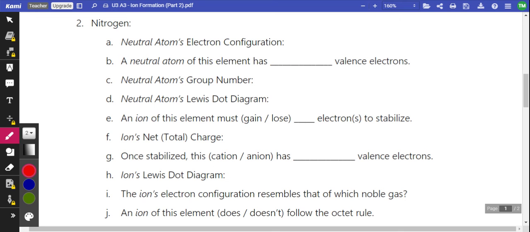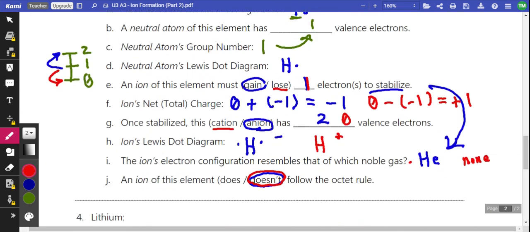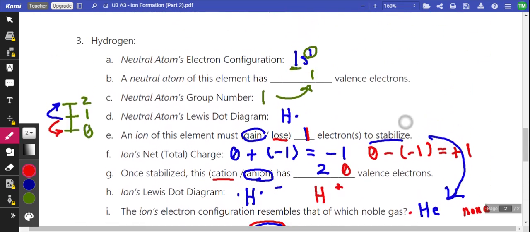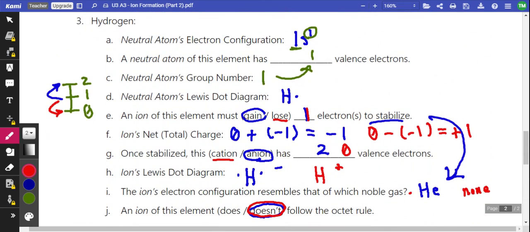Nitrogen should end up following the octet rule if you do this right. Below hydrogen, lithium does not follow the octet rule, but it should be a little bit simpler than the hydrogen example we saw above. So hopefully seeing those harder examples will make the other problems a little bit easier. Hopefully this won't be so awful to tackle all at once.